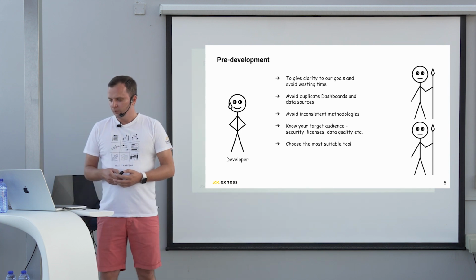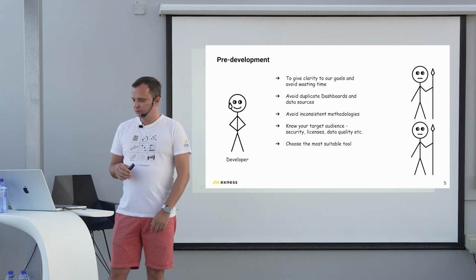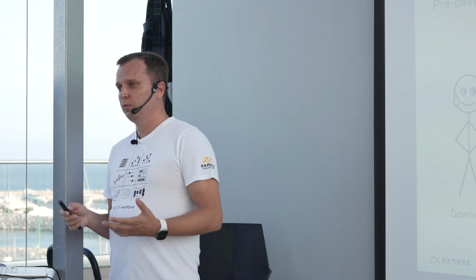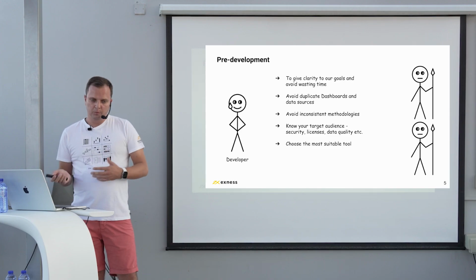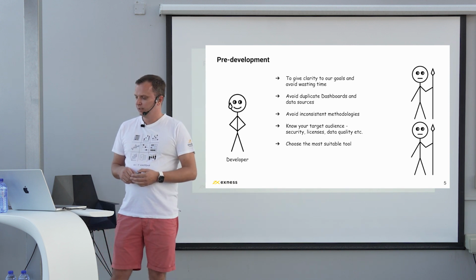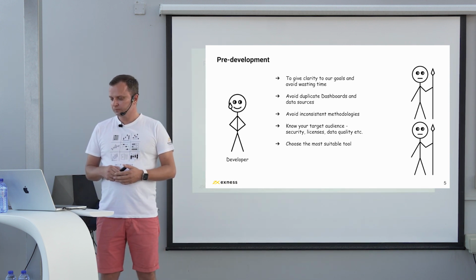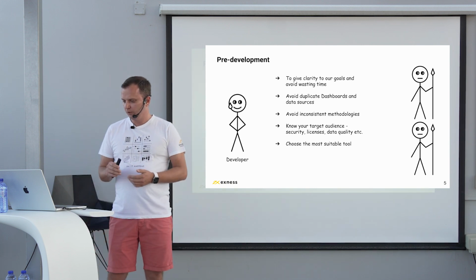Also, as I said, we would like to understand the target audience in terms of security, licenses, data quality, and so on. And finally, we are trying to understand whether Tableau is the tool we should use here, because we have other tools, like real-time reporting for self-service, and sometimes we change the approach and don't use Tableau.